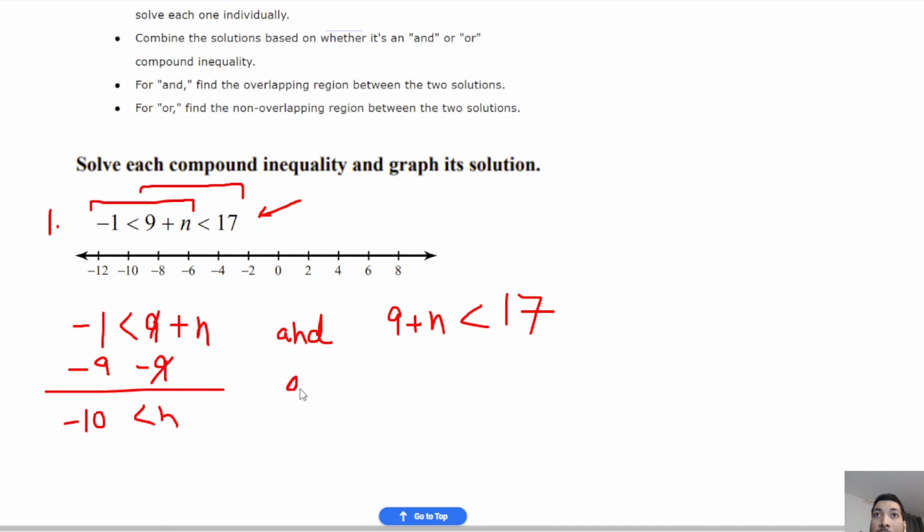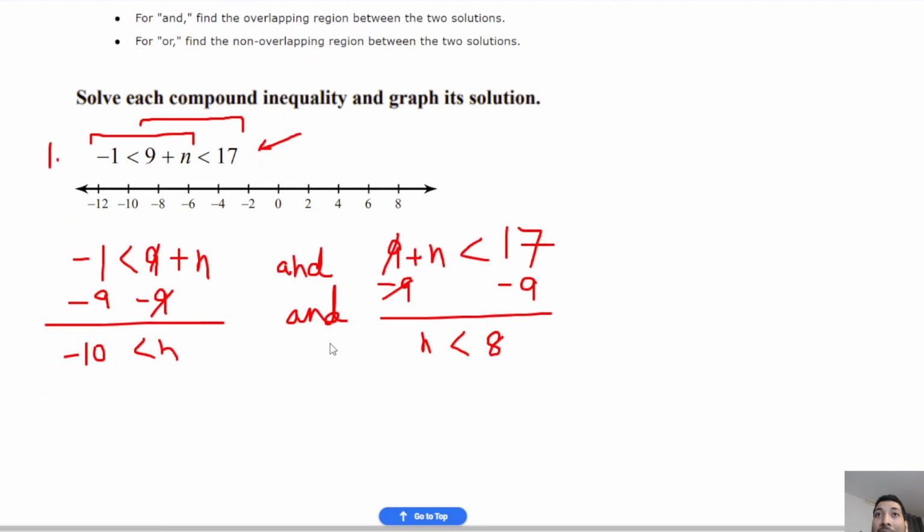And here we subtract 9, so we have n less than 17 minus 9, that is 8. So you can write this as -10 less than n and n less than 8.